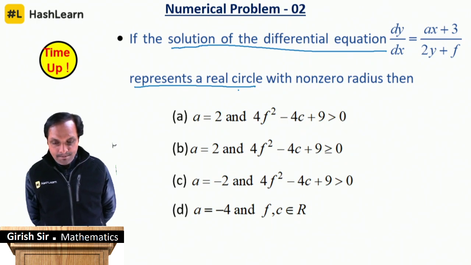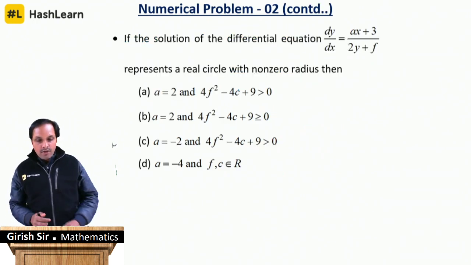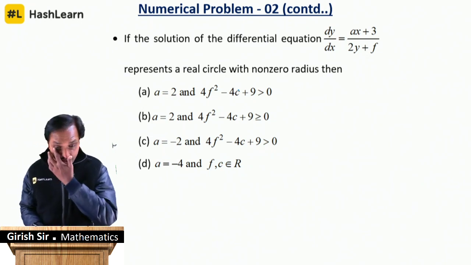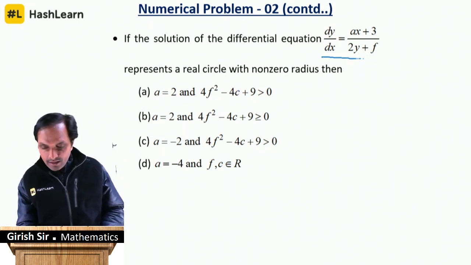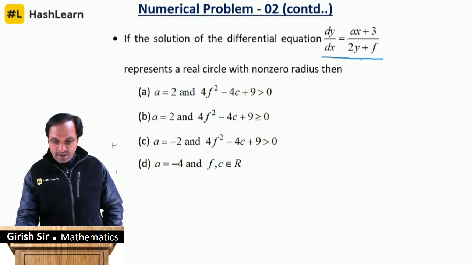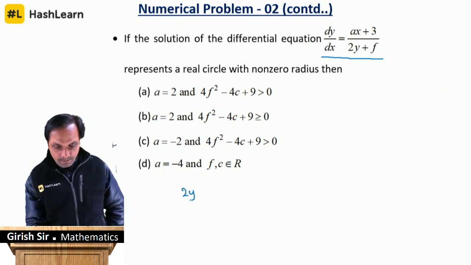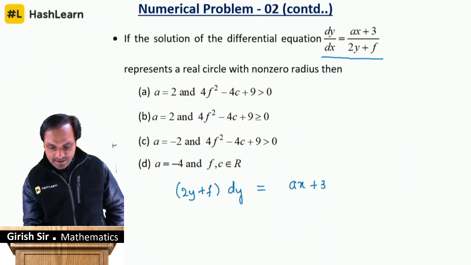Your time is up, and let's see how to do this one. So attention students, here, the differential equation, we shall separate the terms. 2y plus f into dy equals ax plus 3 into dx.